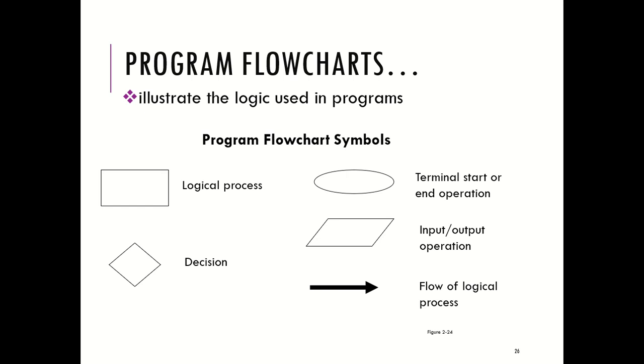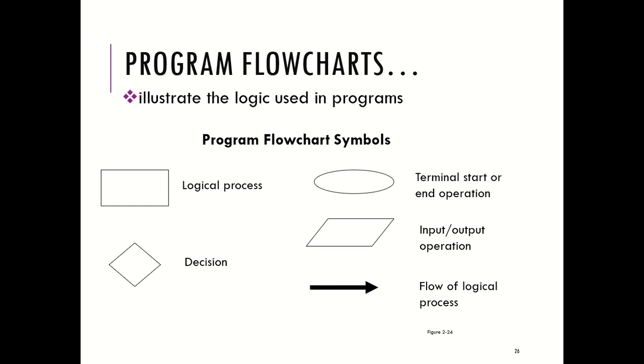Tapos we have the entity relationship diagram which shows us the relationship of an entity to another entity using cardinalities. And then we have also discussed system flowcharts, which shows us the representation of a physical relationship among key elements of the system. So right now, itong program flowcharts natin illustrates naman yung logic used in programs.